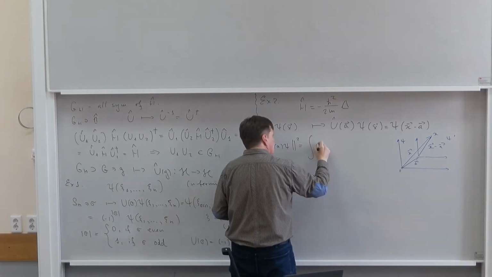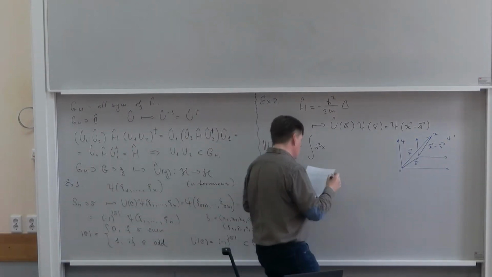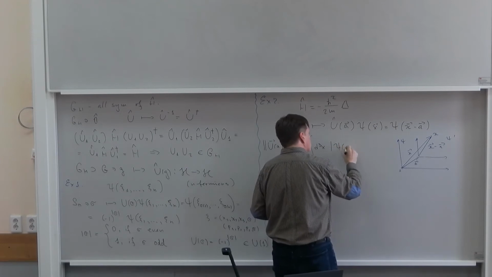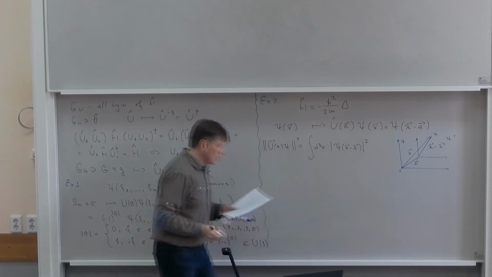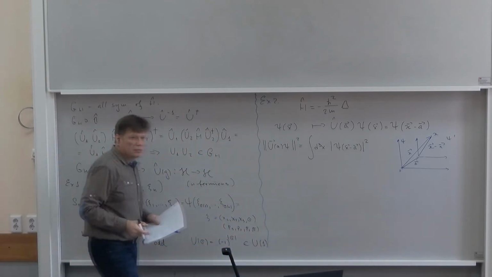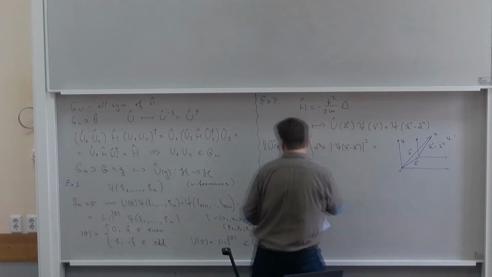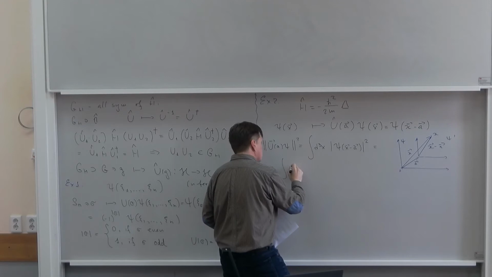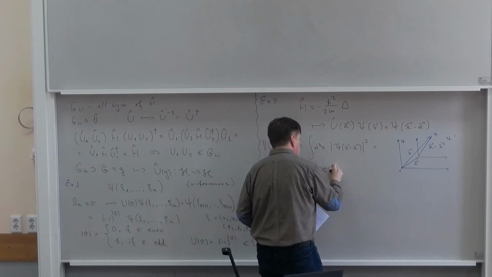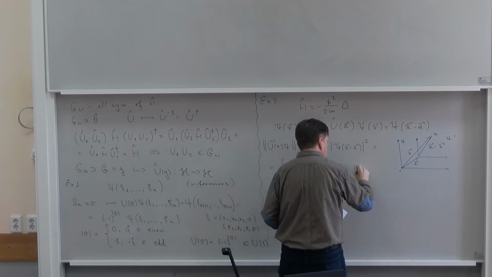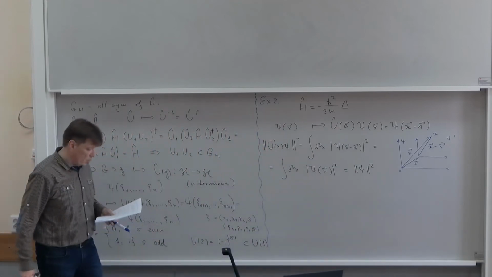The result is given by the integral over space of the modulus squared of psi of x minus a, and making this coordinate change, we can write this as the integral of the modulus squared of psi of x, that is, the norm of psi squared.